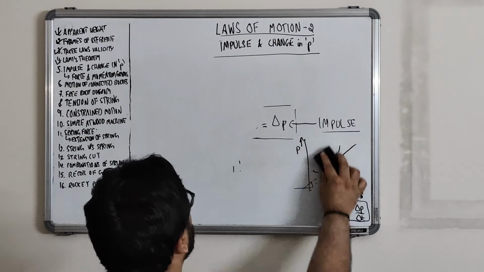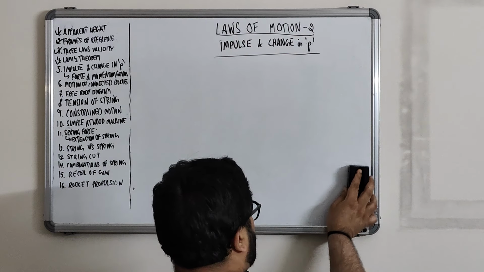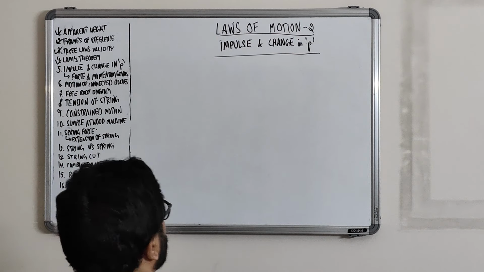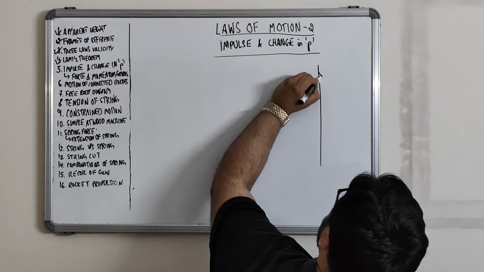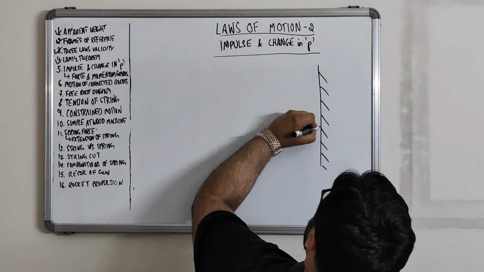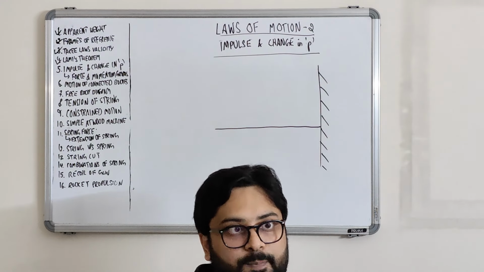One very important thing which comes in exams, a direct question comes. So let's do that concept. It's like wall collision, right? You have to remember, when we work in physics, we use vectors.